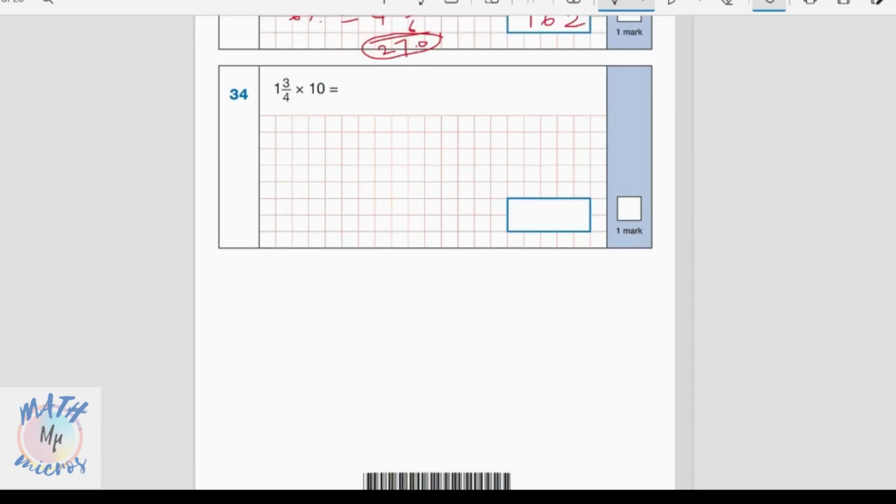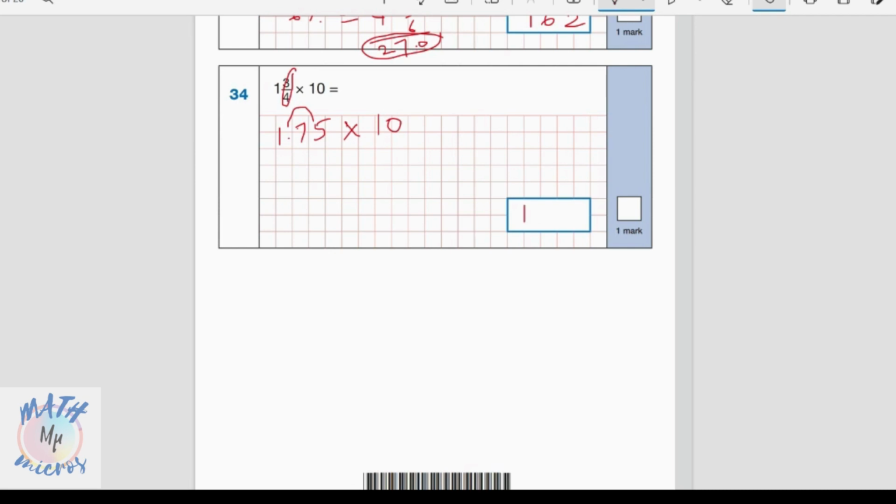34th question. 1 3 by 4 times 10. So if you change this fraction, it becomes 1.75, since 3 by 4 is 0.75 and you have a 1. And here times 10. So when you multiply by 10, you move the decimal point to the right. You get a bigger number.